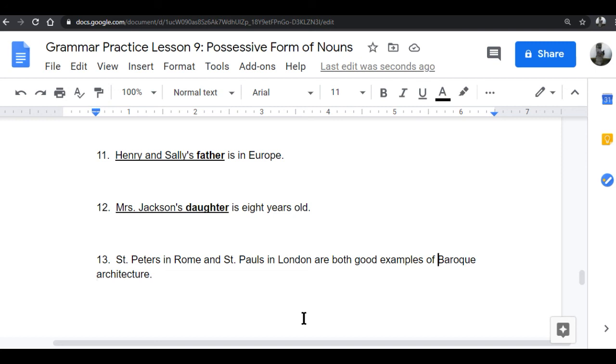So, Baroque architecture, cool. We are talking about St. Peter's Cathedral, huh? Yeah. St. Peter's, apostrophe, thank you. And St. Paul's in Rome. So, cathedrals. St. Peter's in Rome and St. Paul's in London are both good examples of Baroque architecture.